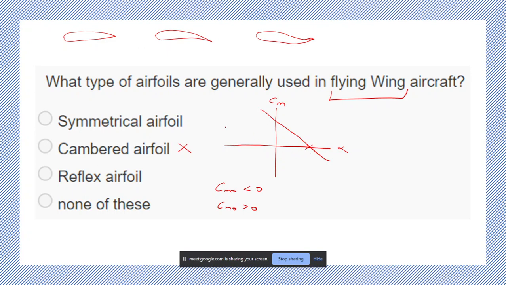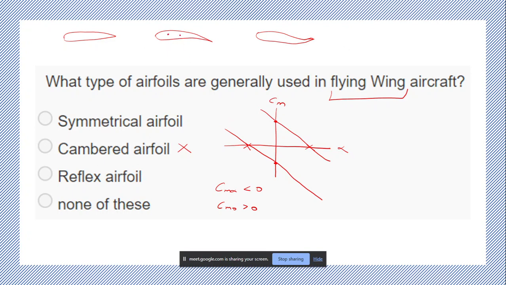If your Cm naught was negative, it was something like this. So this is a negative Cm naught and this is a positive Cm naught. If it is negative Cm naught, you trim at a negative angle of attack, which is not desirable. We require it to trim at a positive angle of attack. This is given to you by the reflexed airfoil. Why?